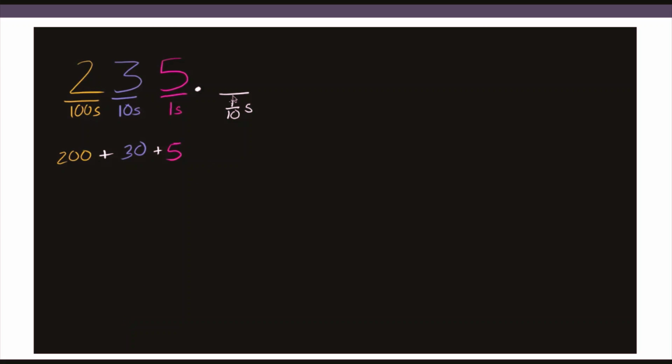How? If I put 0.1, 1 upon 10, tenths over here, let's see. If I write here 4, so 235 is the ones, then 0.4. What is the value of 4? This is 4 into 1 upon 10, tenths.